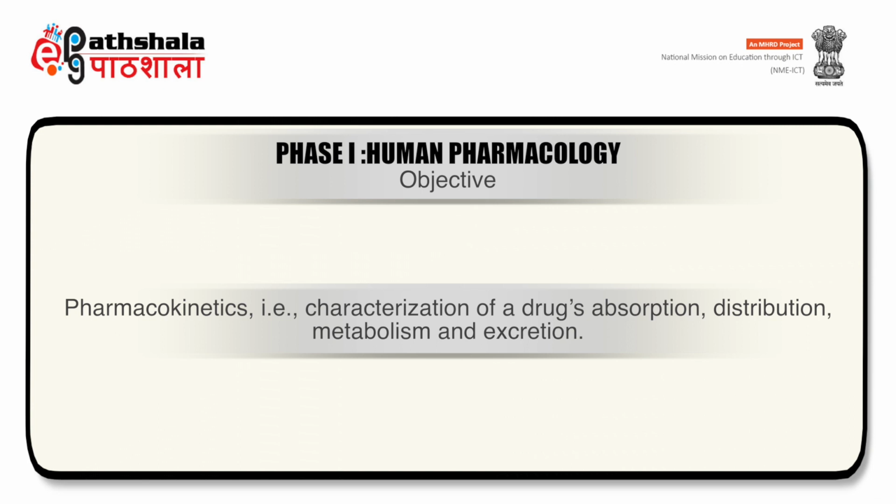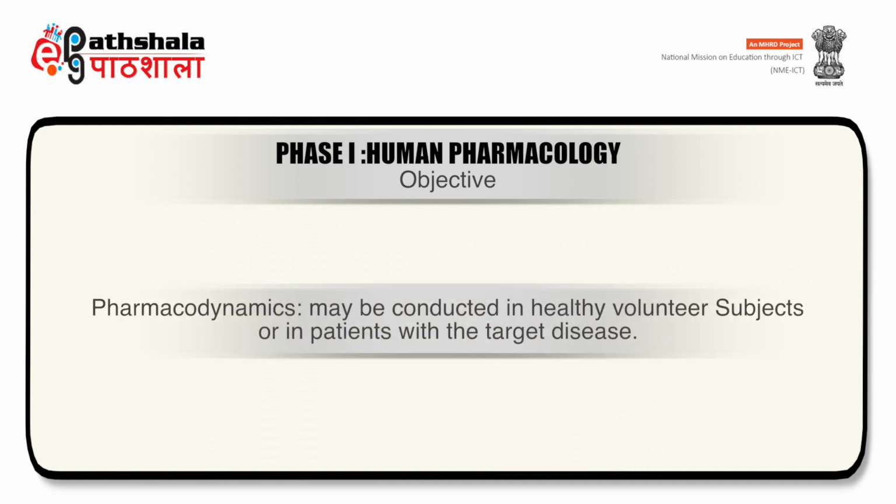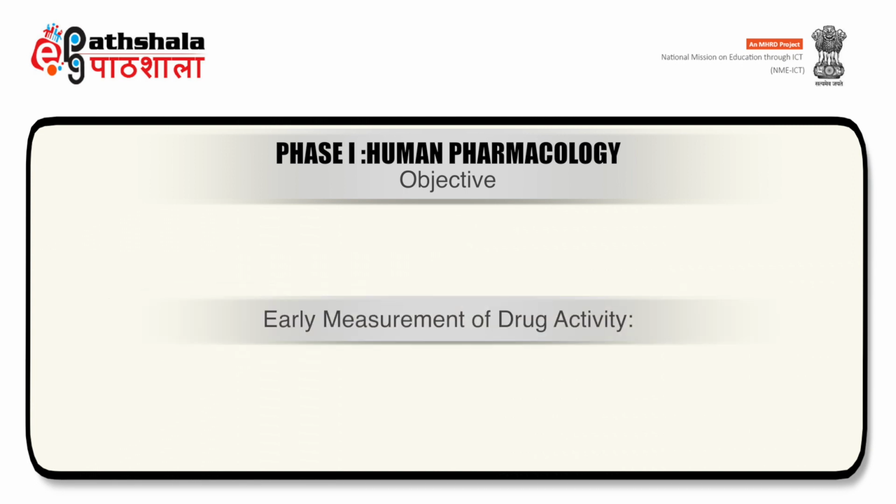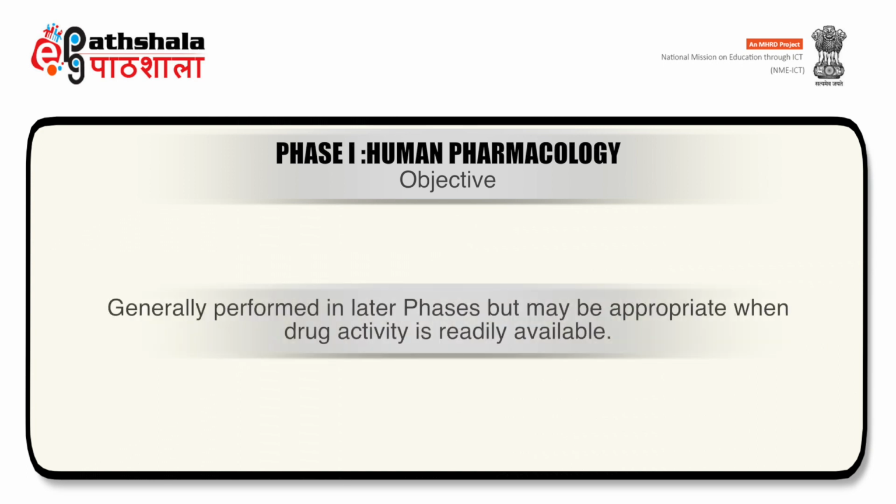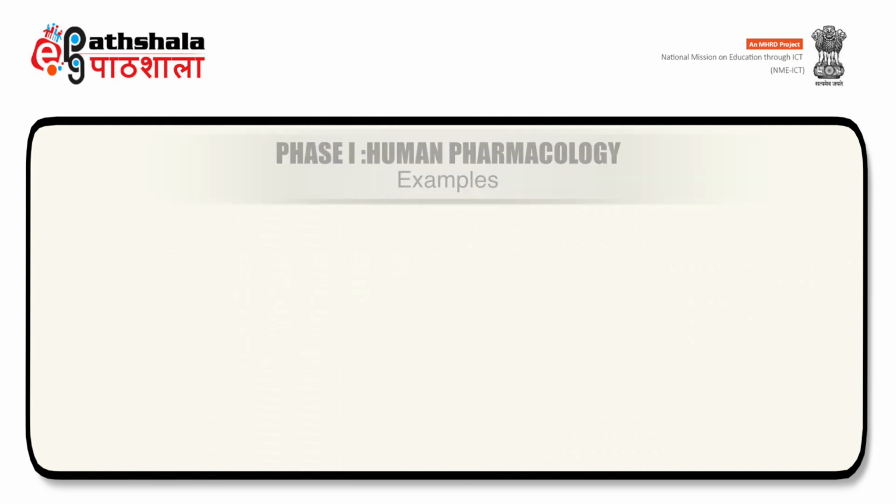The pharmacodynamic studies may also be done in healthy volunteer subjects or in patients with the target disease. They are basically done for the early measurement of drug activity. They are generally performed in later phases but may be appropriate when drug activity is readily available.